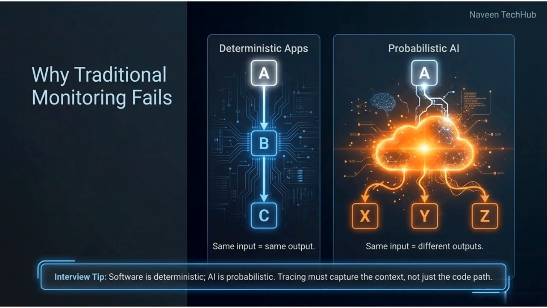The same input can sometimes produce different outputs because AI systems are probabilistic. There may also be different prompts, retrieved context, model parameters, tool calls, and agent decisions influencing the result. This is why one important interview point is: software monitoring usually follows the code path, while AI observability also needs to capture the context around that execution.